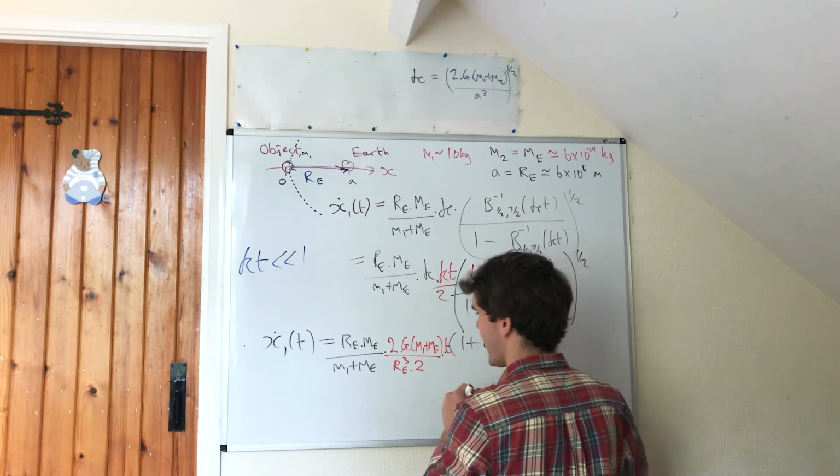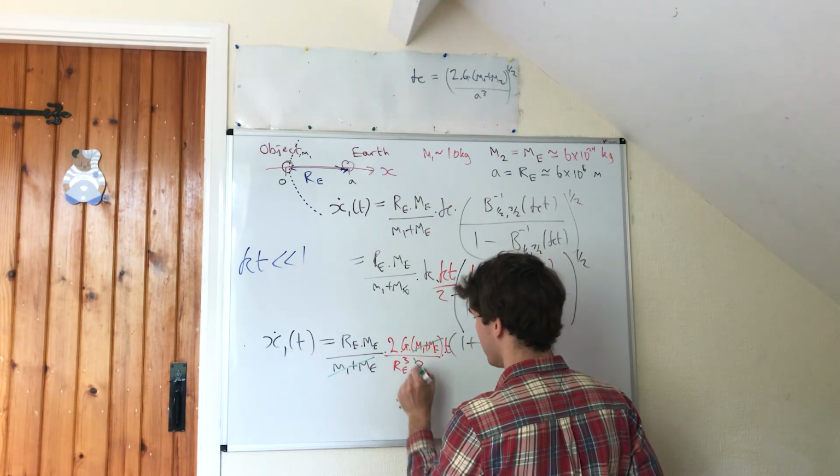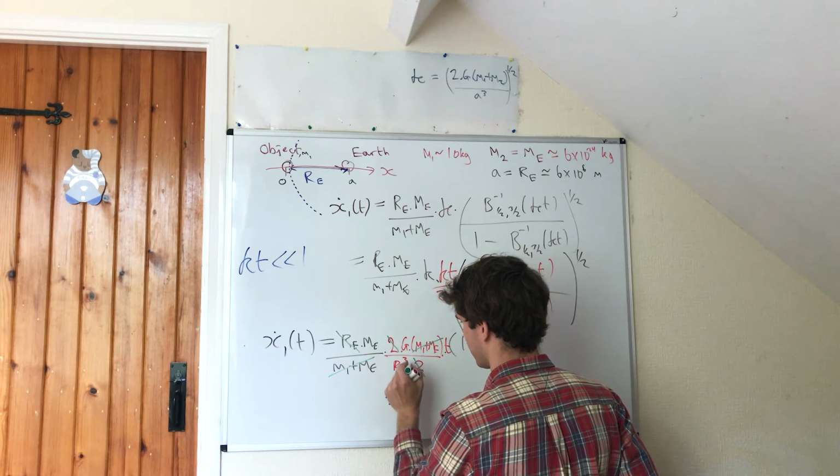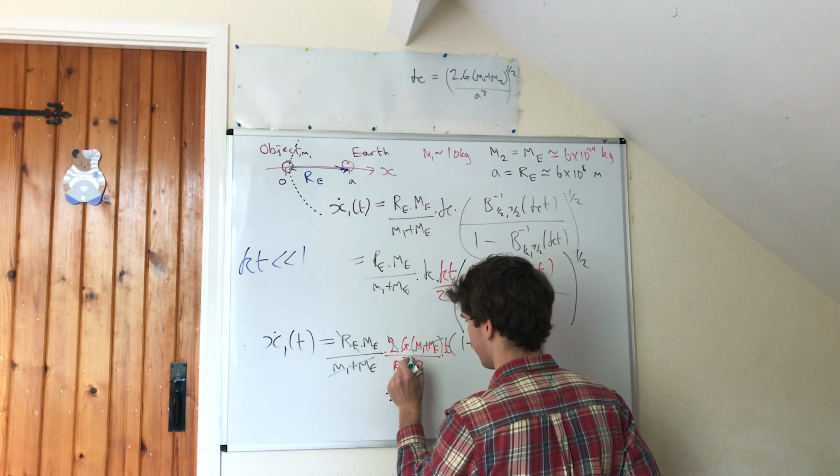Once again, the m1 plus Me cancels, the 2's cancel, and again the radius of the Earth cancels with the 3 to give radius of the Earth squared.